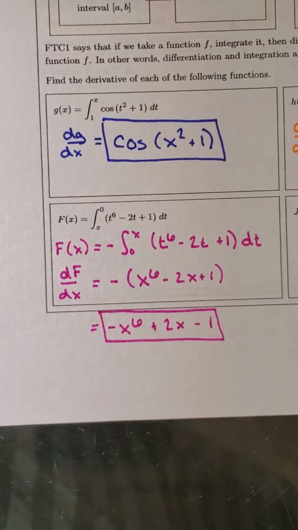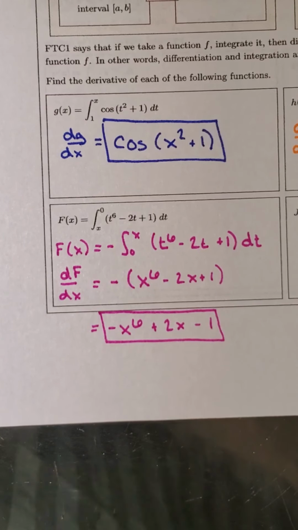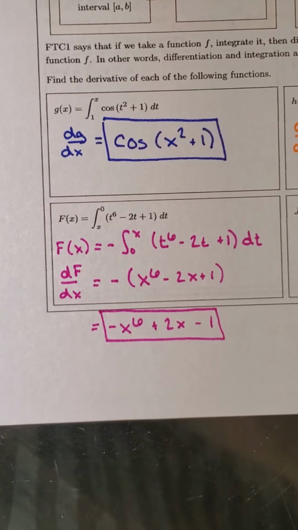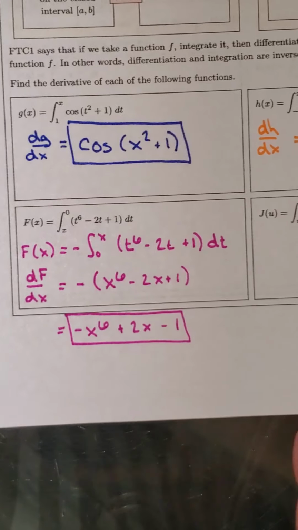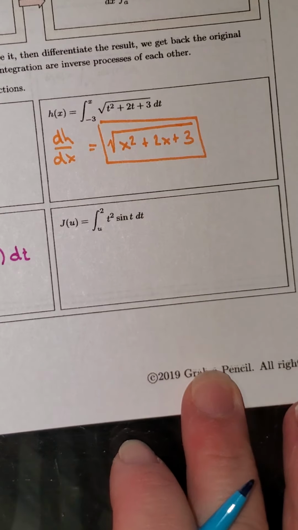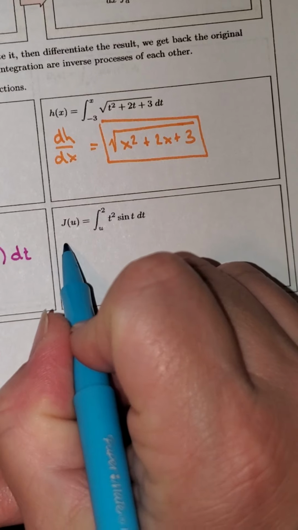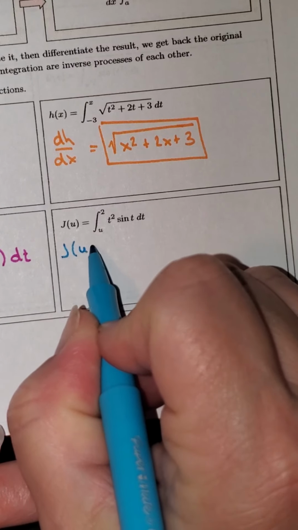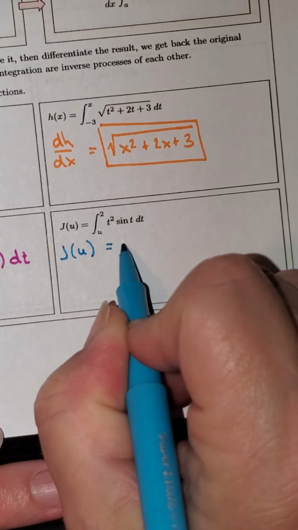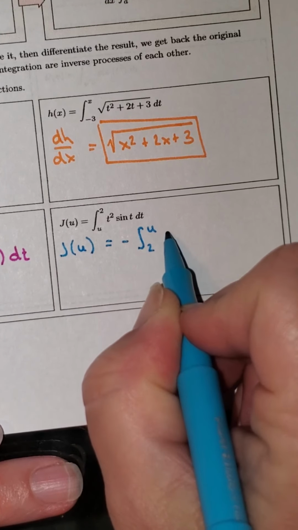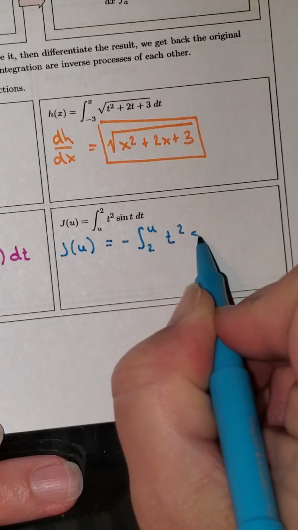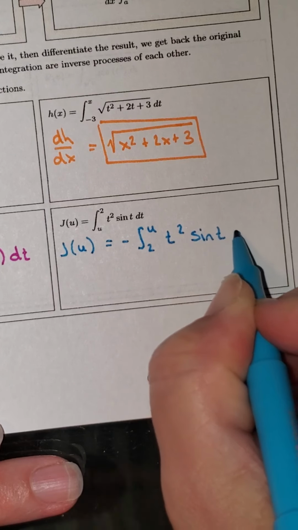Not too bad. The next one, we have the same thing going on with our x in the denominator again. So we want to move it to the top. So we're going to flip it and throw the negative in the front. So j of u, now we have u instead of x though, is negative integral from 2 to u of t squared sine of t dt.